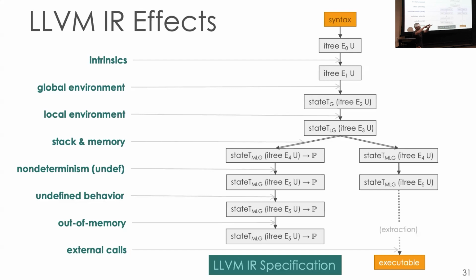So here's where we're taking advantage of having two interpretations for the same events. On the one hand, we interpret them as a spec. On the other hand, we interpret them as an implementation. Right, so these are the layers.